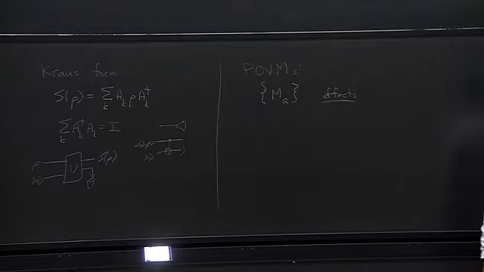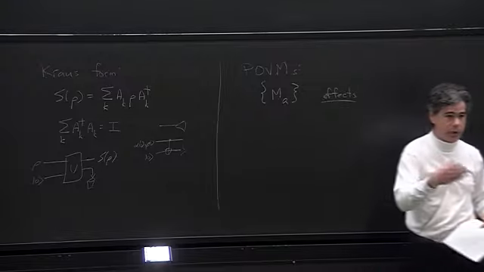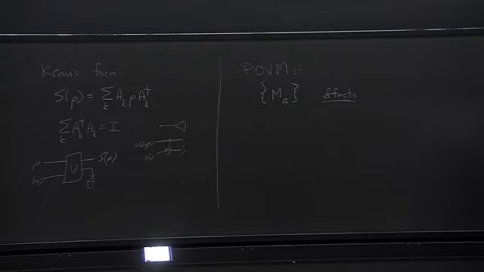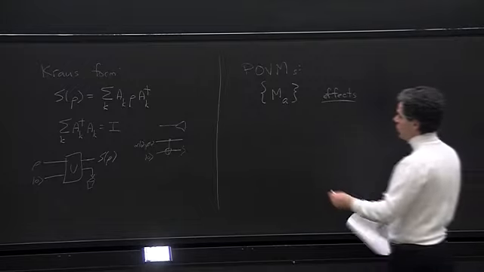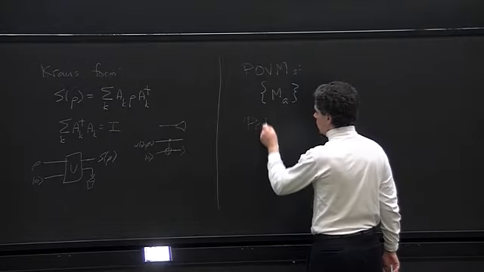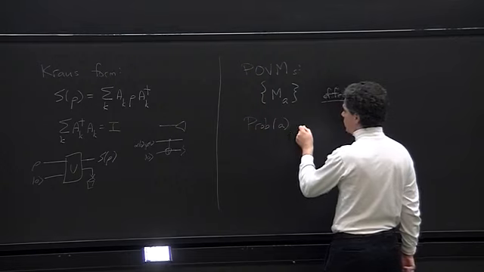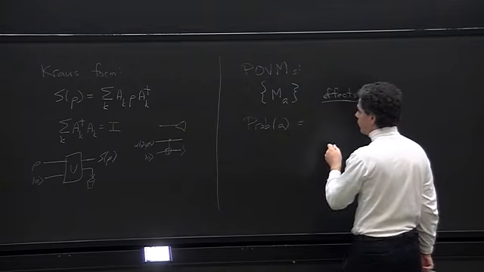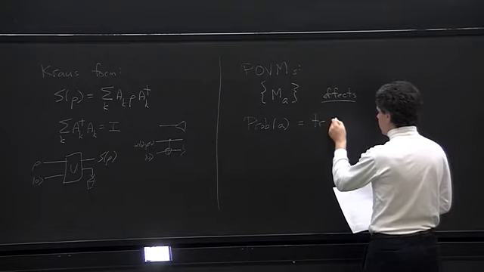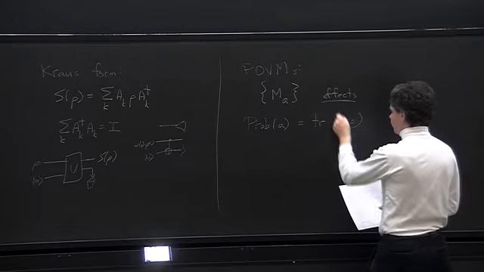The index a runs over the possible outcomes of the measurement, and M_a is then going to give us the probability of that outcome. So the probability of outcome a for the state rho is trace of M_a rho.